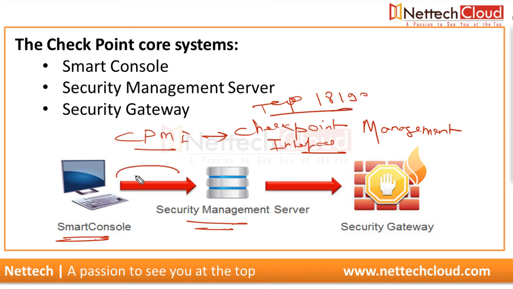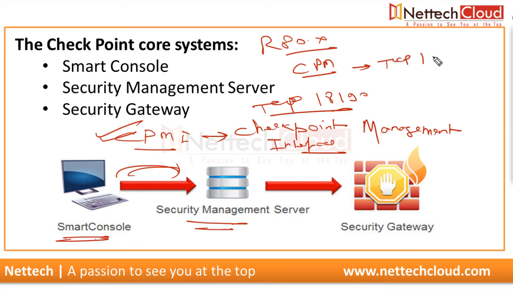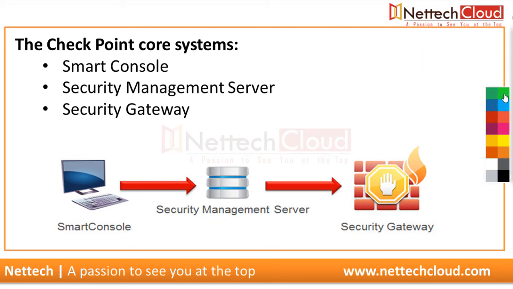So when a smart console connects to the management server, one of the ports is TCP 18190, and there is another port in R80.x, a new port, CPM, that is Checkpoint Management server, TCP port 19009.